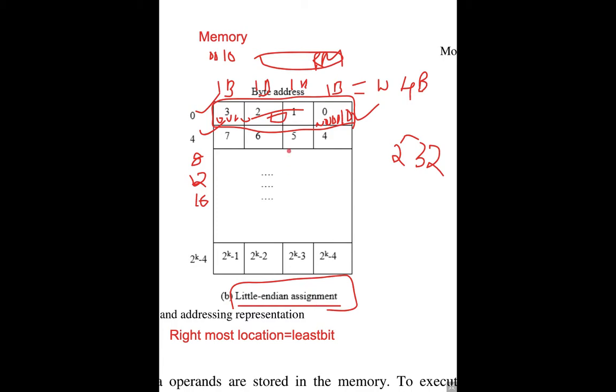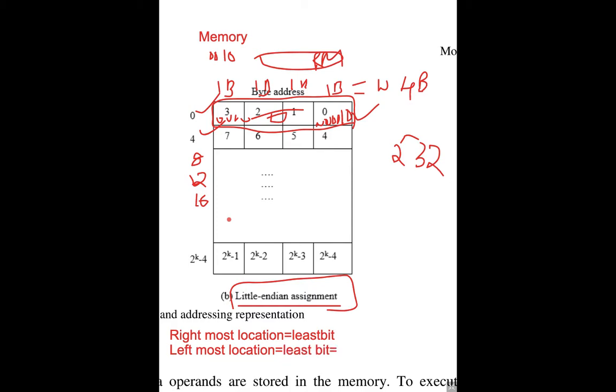Suppose the least byte is 0, 0, 0, 0, 0, 1, 0. Instead of the rightmost location, I keep it in the leftmost location. I'm going to keep the least bits of data there.